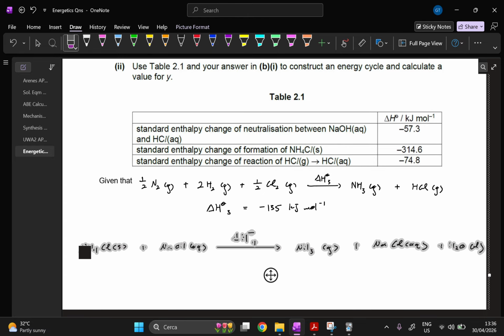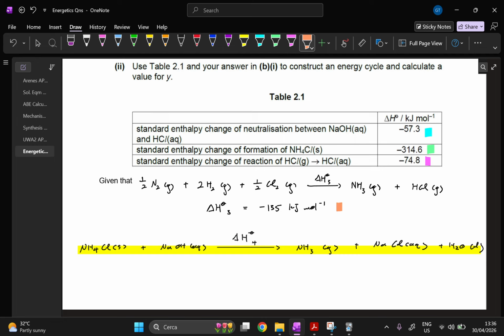So you want to find this, but then they give you 4 pieces of information. Let's just color code them: 1, 2, 3, 4. You're not entirely sure where to slot them in.